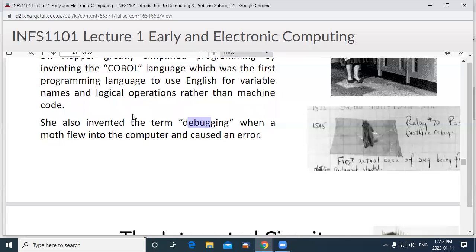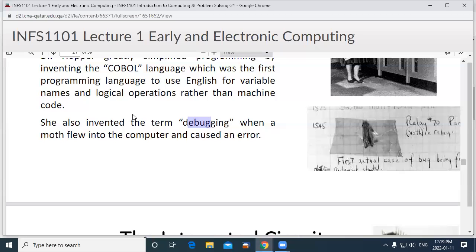Now, she actually invented this word called debugging too. And that's because those old computers that they were using, they produce a lot of heat and they produce a lot of light and they attracted insects. A moth will fly into light. I don't know if you guys, there's not many moths around here, but if you have a light outside, moths will fly into it. Other insects will as well. And the problem with the moths with her original computers is that they were flying into the computer and they would cause a short circuit so that the wiring would be broken at that point and the computer wouldn't work anymore.